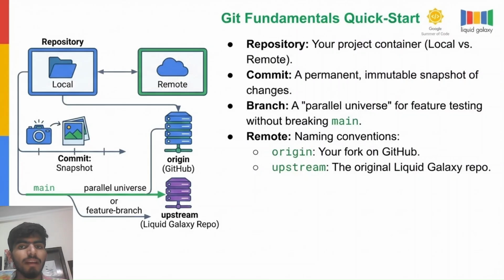Now let's understand the GitHub fundamentals. There's a term, repository. A repository is where you put your code in GitHub. There are two types of repo, local and remote. When your repository is present on GitHub, that is your remote system.